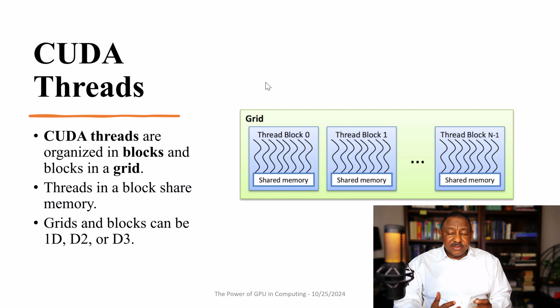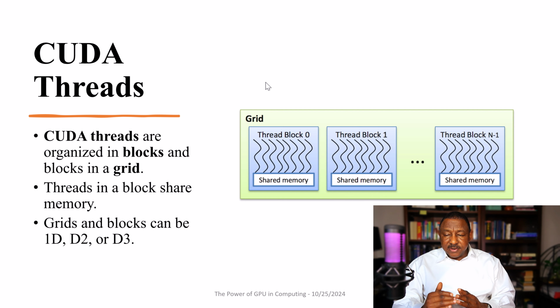So programmatically, we can organize these threads: we can create a big grid, and inside the grid will be blocks. Each block will have a specific number of threads, and the grid and block can be 1-dimension, 2-dimension, or 3 dimensions. So we can organize the threads in different formats.